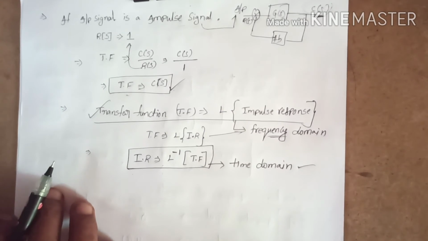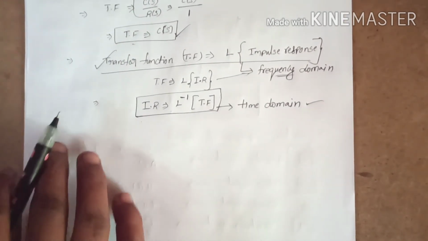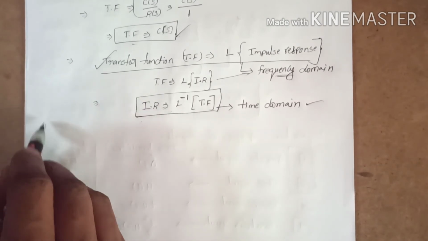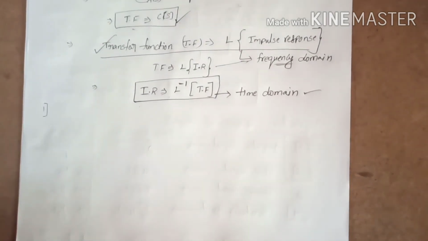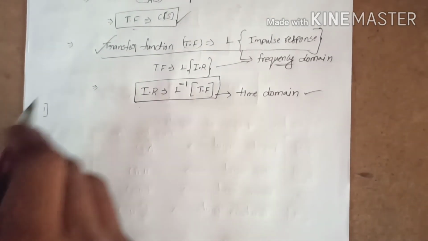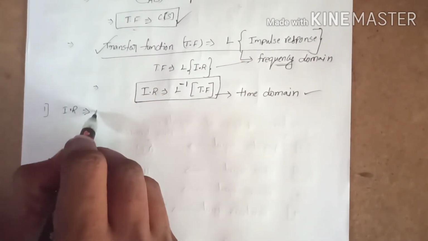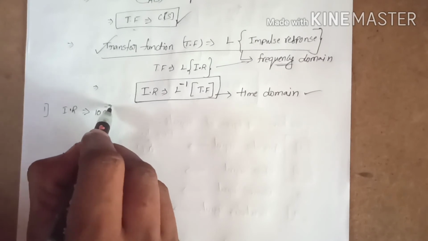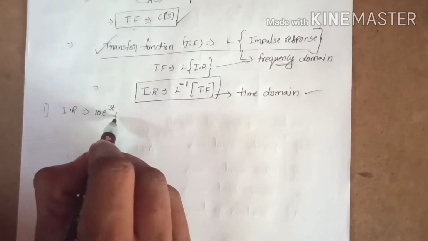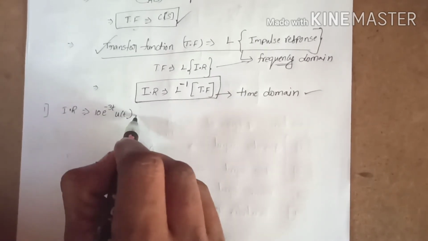Very important. So I will tell you some problems. You can easily understand. First problem. Impulse response is equal to 10 into e to the power of 3t u of t.